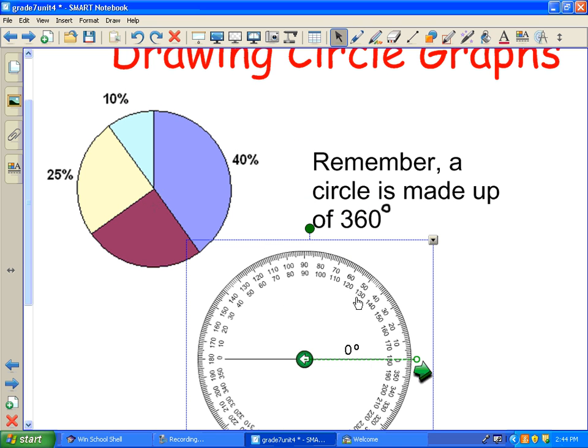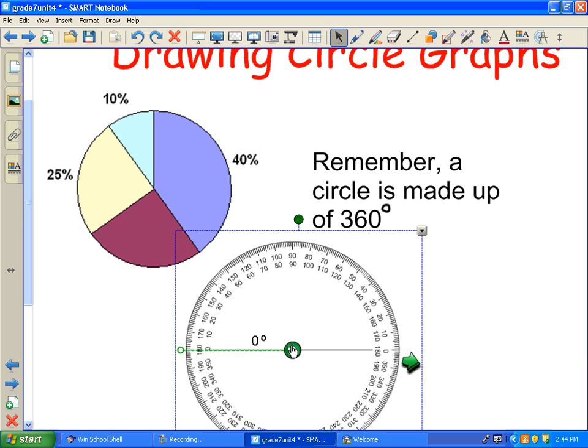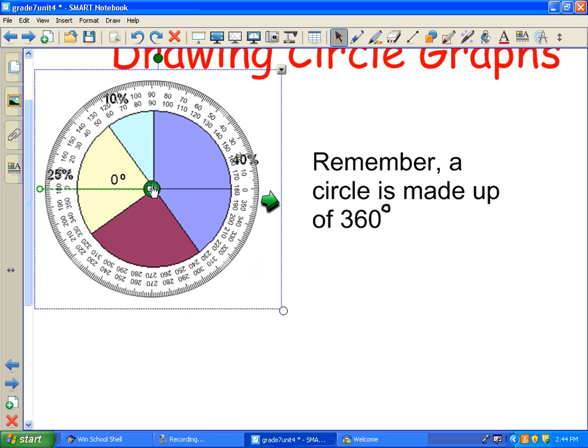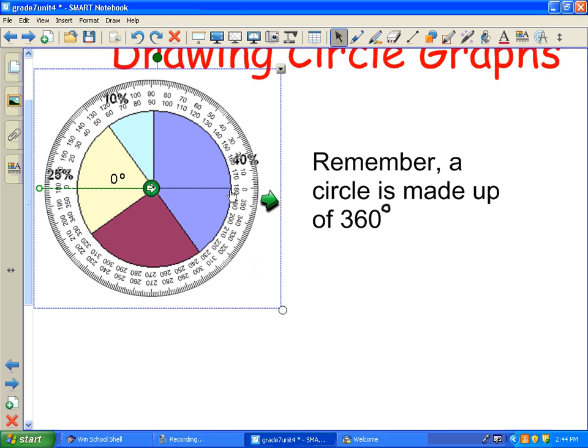So if I were to take a protractor, and I got two of them put together here, and I go ahead and I measure it, starting right here. This is 0, 10, 20, 30, 40, 50, so I'm going to start and end on this line. And if I go all the way back, 40, 50, 60, 70, 80, this is 90.